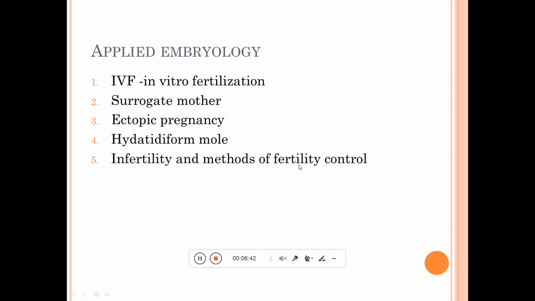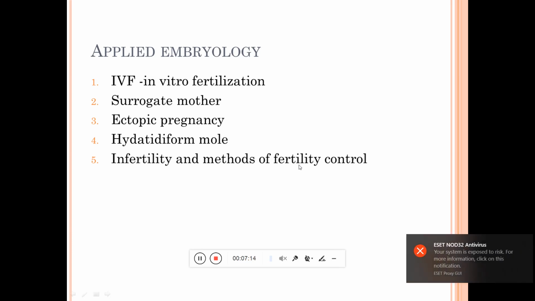For both sexes, male and female, there are a few temporary and a few permanent methods. Among permanent methods in females, the most commonly used is tubectomy. The fallopian tubes are cut and tied, so ultimately there is no contact of ovum and sperms, and this is the permanent and most highly successful method in females. The same type of method also exists in males.